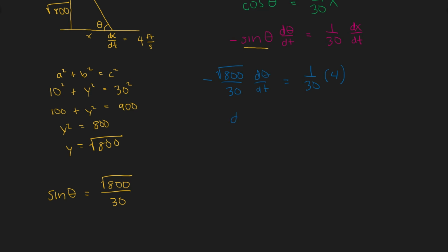If we multiply both sides by its reciprocal, and then we make both sides negative, we get that d theta over dt is going to be negative 30 over root 800 times 1 over 30 times 4.